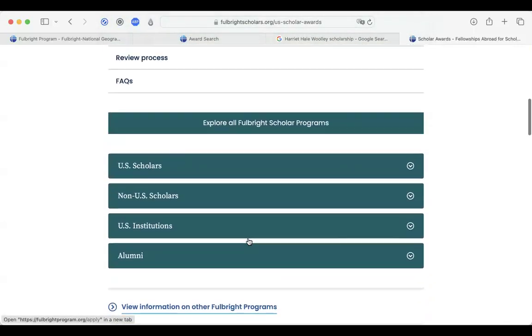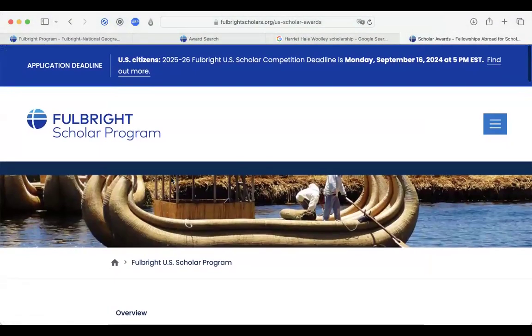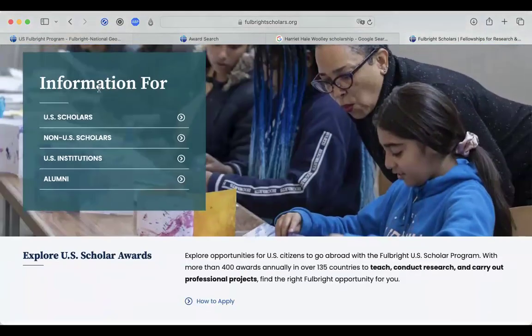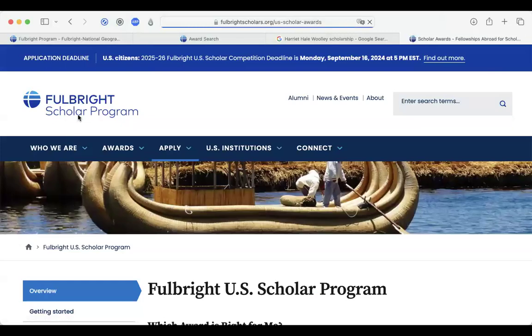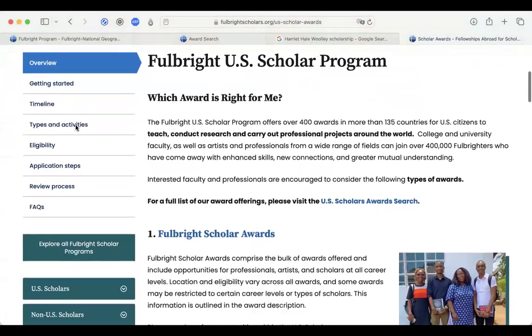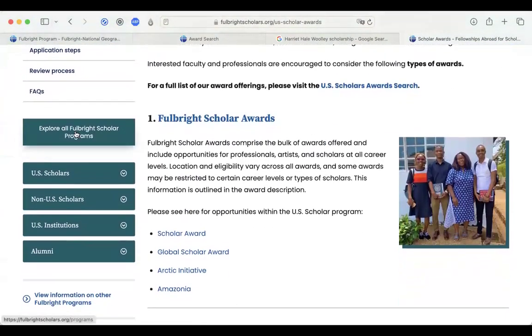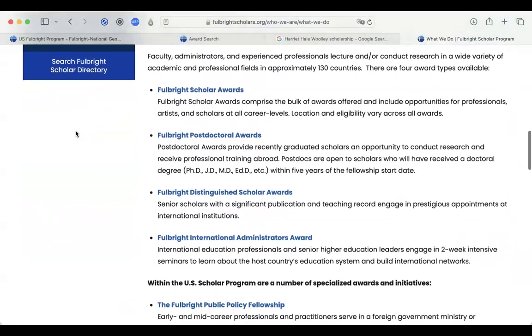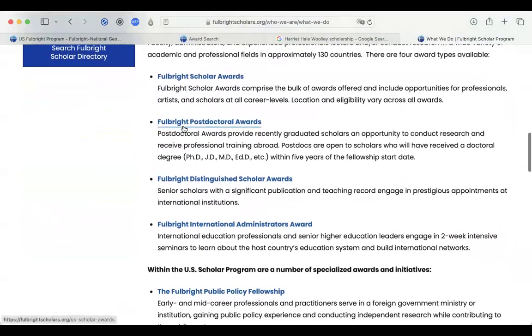So let's go ahead and take a look here. We're going to back up to the main page. And so we'll go to information for US scholars. And let's go ahead and explore all Fulbright Scholar programs. So we have these different divisions here. So for example, postdoctoral awards. Yeah, I received my doctorate 11 years ago, so I'm not eligible for that.